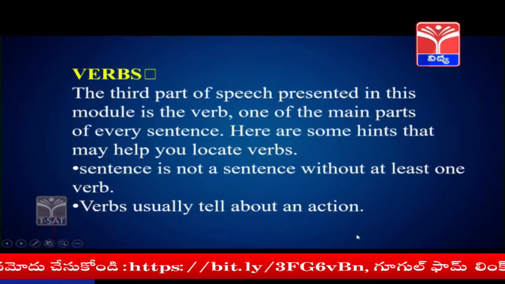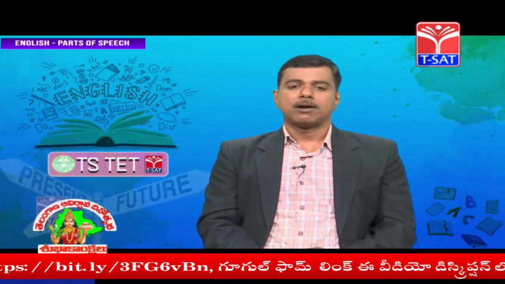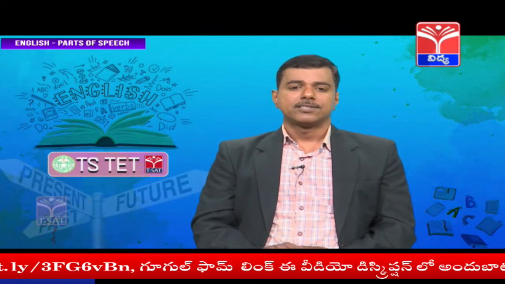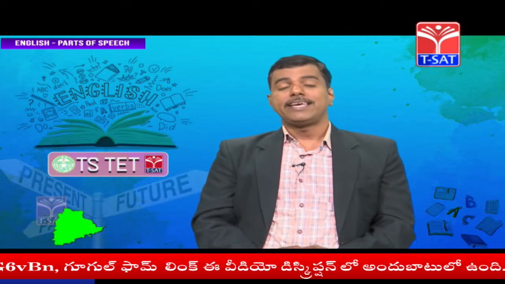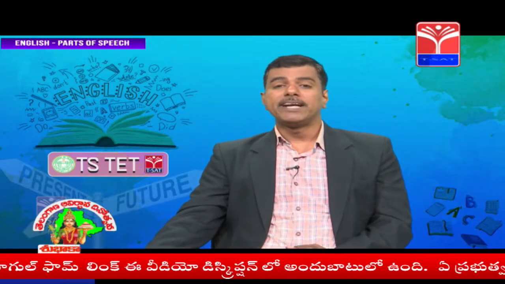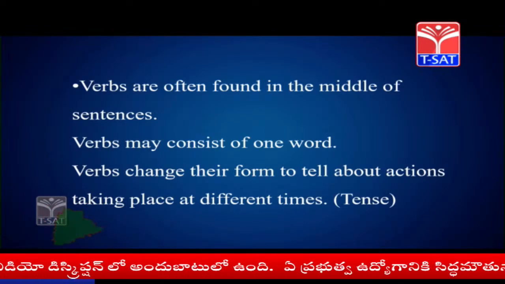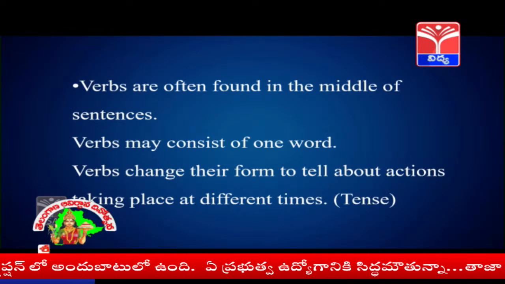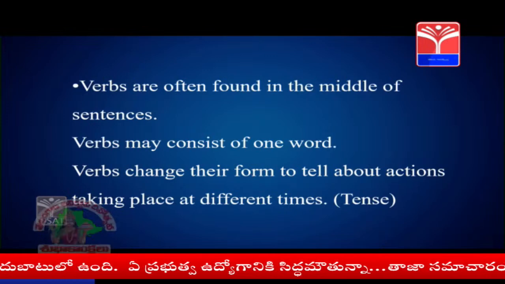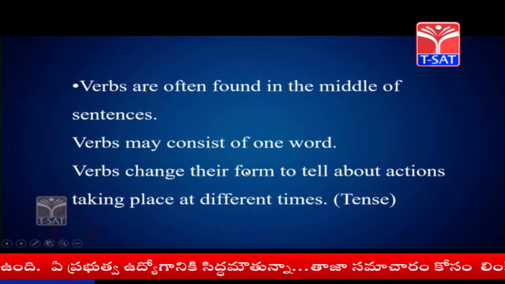And what is the duty of the verb? What is the function of the verb? A verb usually tells us about the action which is carried out in a sentence. These verbs are found in the middle of the sentence. How will you be able to identify them? Generally, these verbs are identified in the middle of the sentences, right?